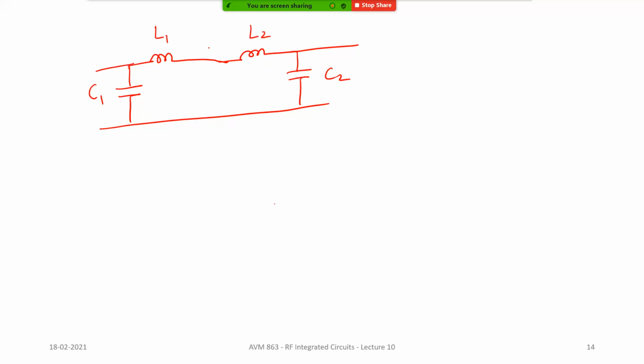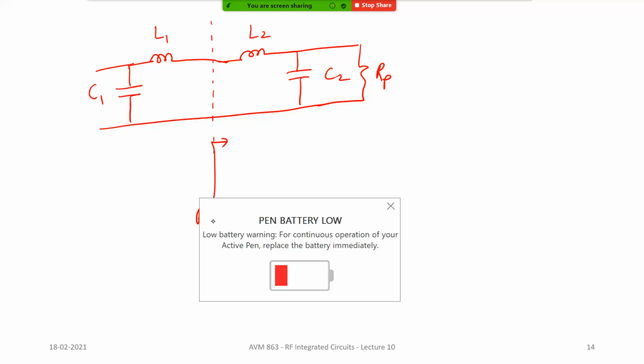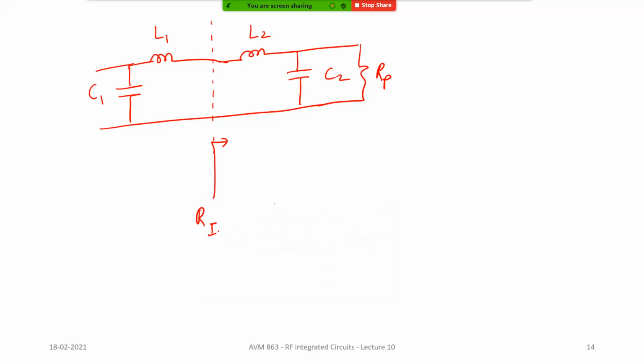Now you have 2 L networks. This L network will take this Rp, and you have an intermediate resistance Ri. The intermediate resistance Ri is lesser than Rp, and this Rin will be greater than Ri.